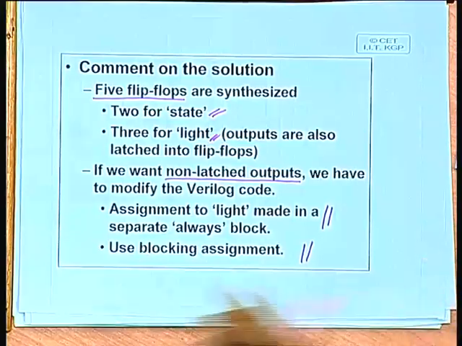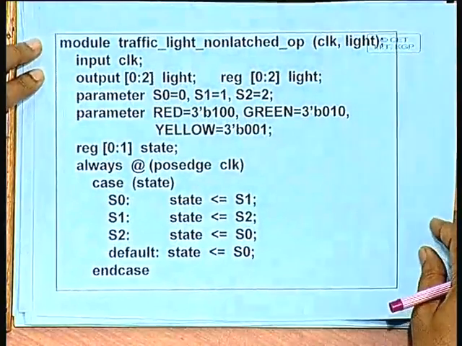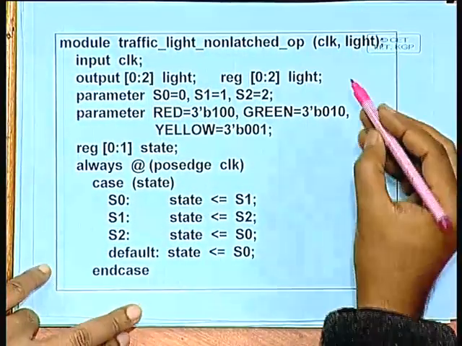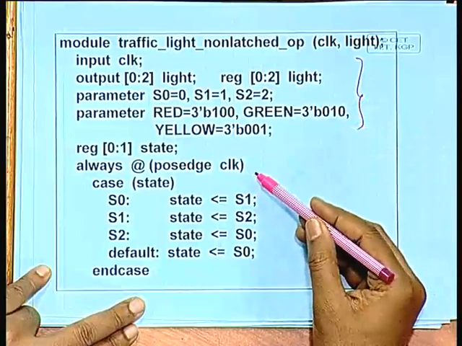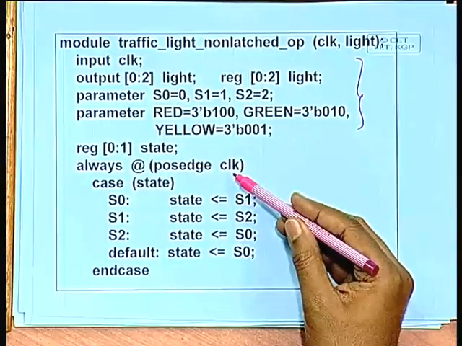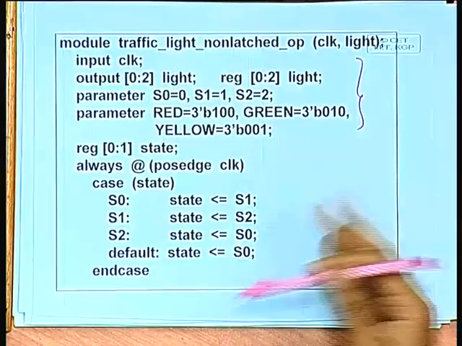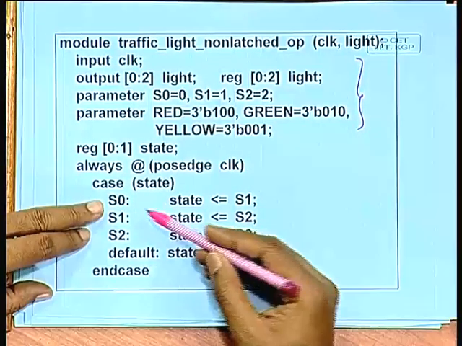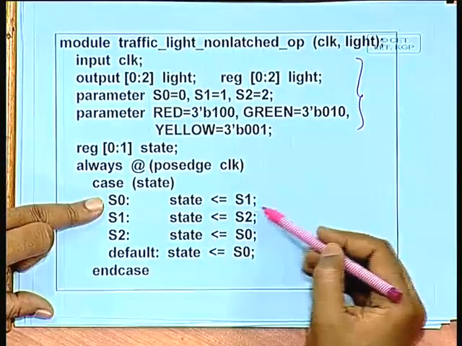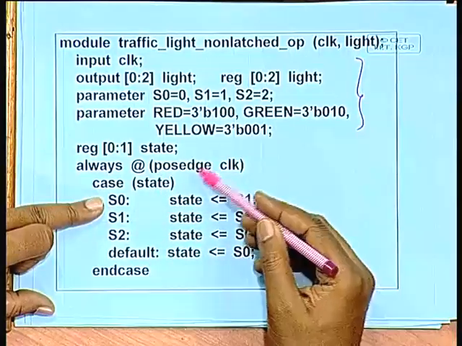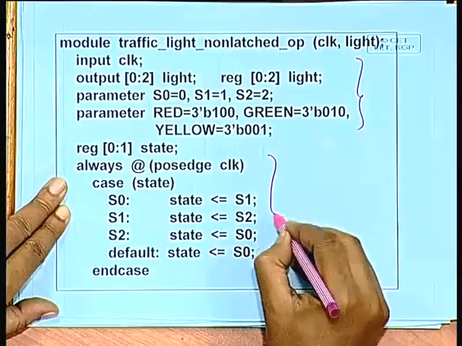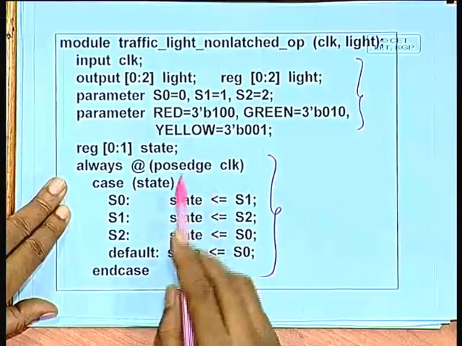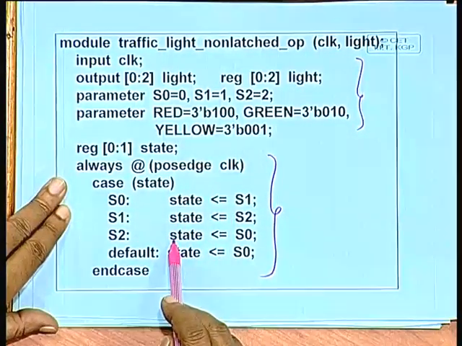So, we make some changes to the Verilog code. We do something like this. The first part is the same, there is no change here, but after that whenever the clock comes, we are dividing this into two parts. In the earlier code both the state variable and the lights were assigned inside the same always block, but here in the first always block we are only using this for state changes.